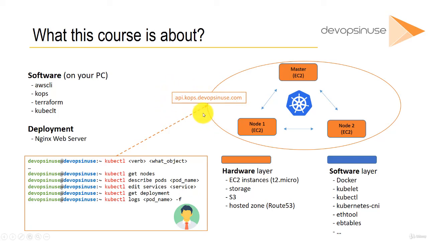The bottom line is, if your Kubernetes cluster, the hardware layer and the software layer, is successfully created, you will have this API available. In your case this API will look somehow different, but the point is that you are talking from your machine through this kubectl command to this API, if you set up the credentials to this newly created Kubernetes cluster correctly.